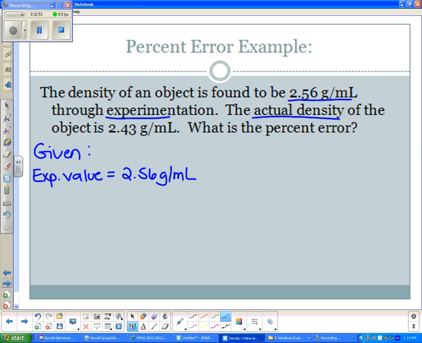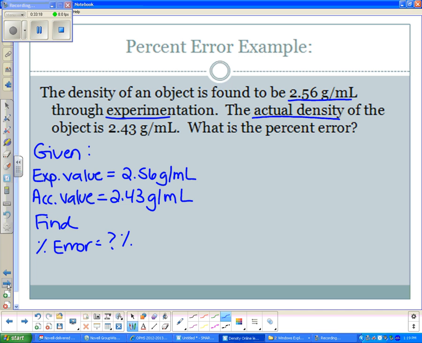That's telling us it's the accepted value. You can abbreviate that as well. That's 2.43 grams per milliliter. What we want to do is figure out our percentage of error here. So we're going to find the percent error.